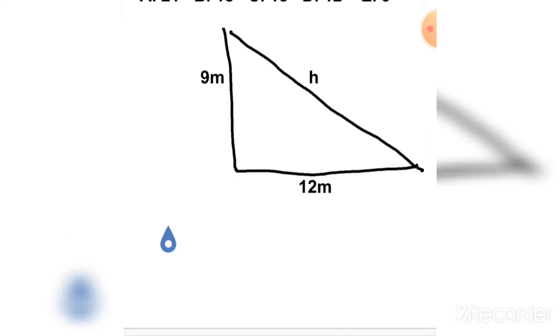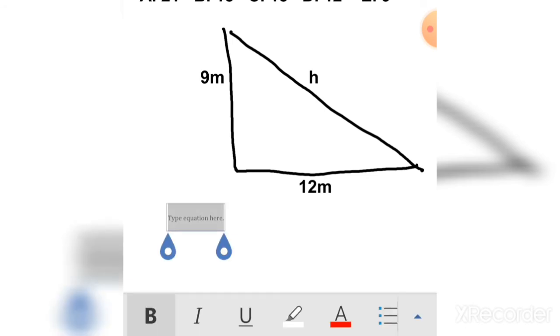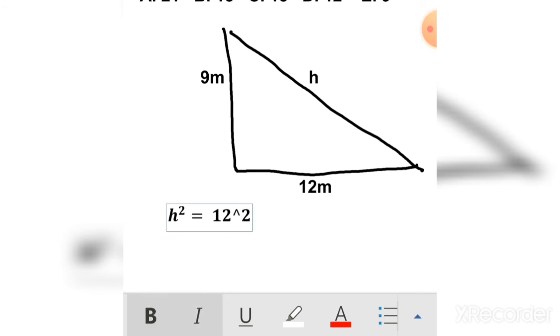The equation for that is the square of the hypotenuse equals the square of the base plus the square of the height. So 9 squared.